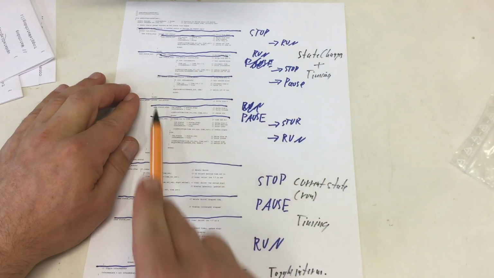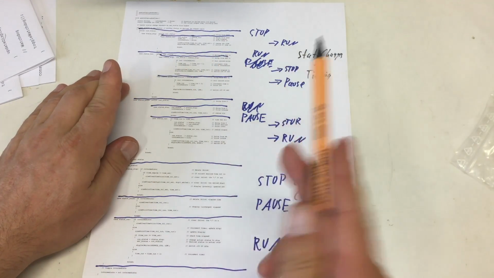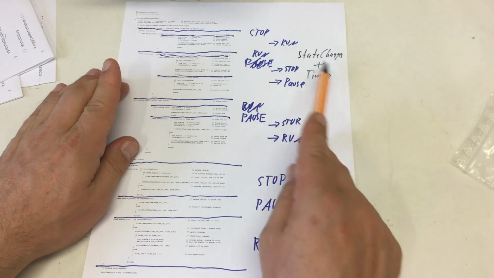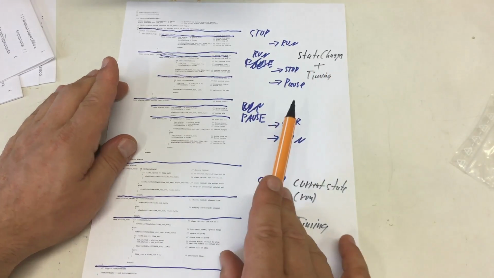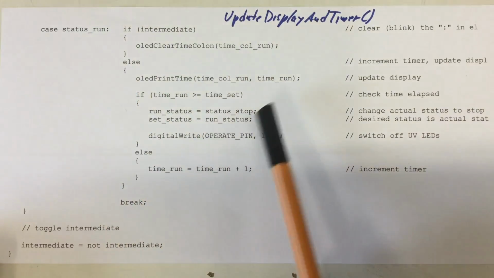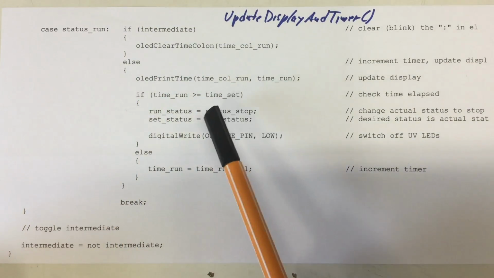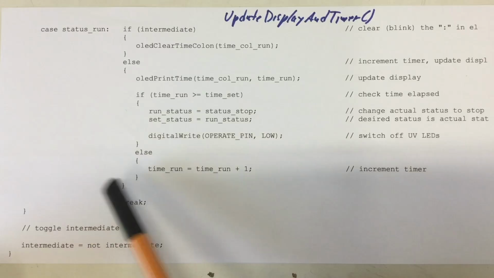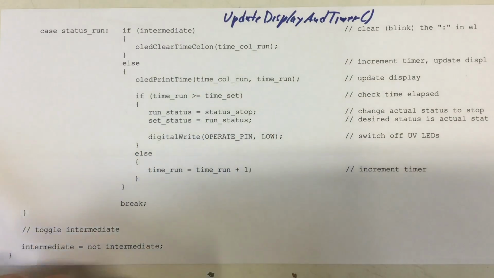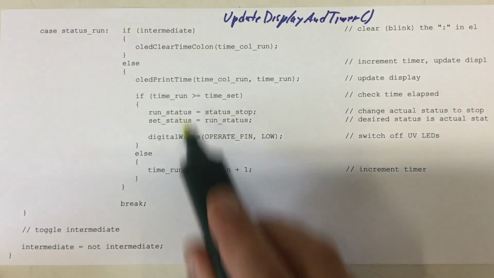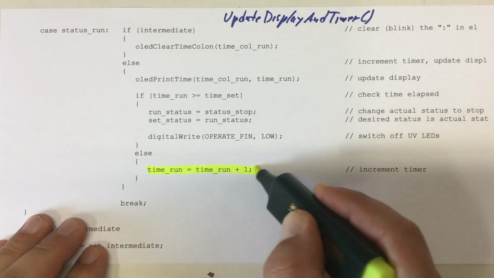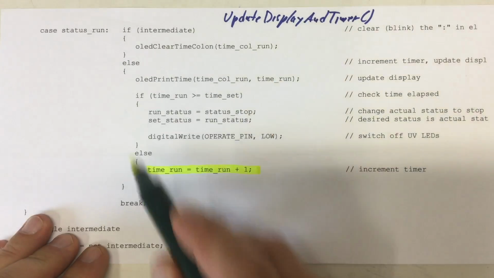And the flaw, or no, real bug, was actually here in the state changes and timing section. At the end of the current state handling section, if the status was run and we were on a full second, we always incremented the timer.